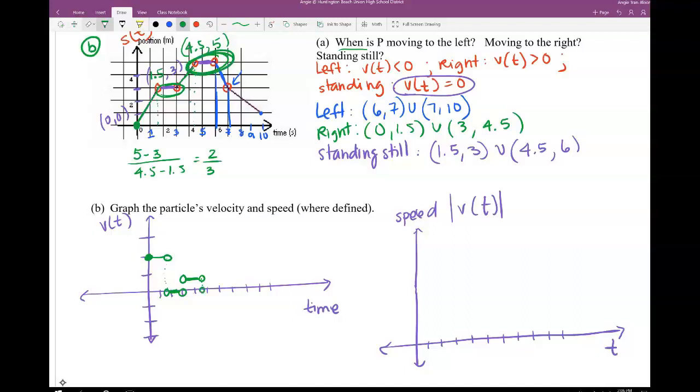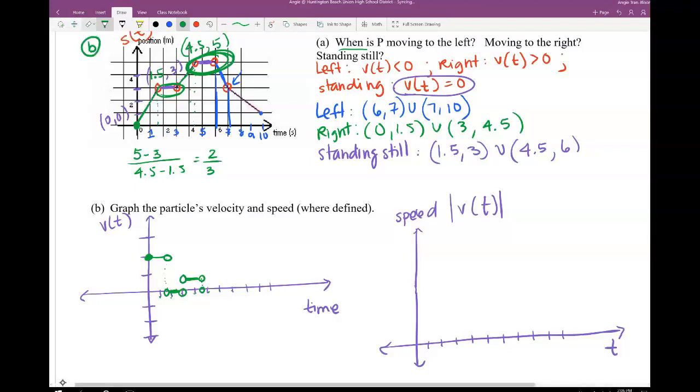So from 4.5 to 5, is that 4.5 to 5 or is that 4.5 to, yeah, 4.5 to 6, my bad. 0, 1, 2, 3, 4, 5, 6. Oh, let me see my x value here. Did I sketch this one wrong? Okay, from 3 to 4.5, 1, 2, 3, 4.